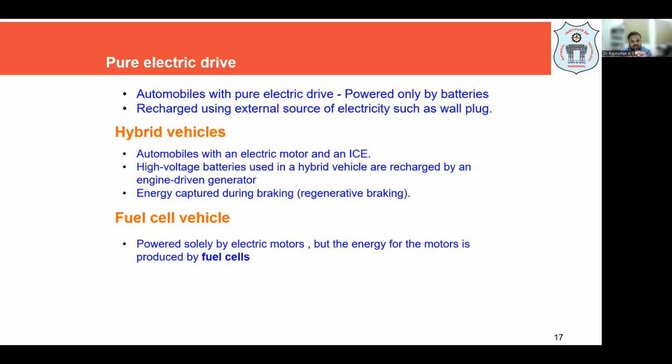So what are you doing? Are you reducing greenhouse emissions? Because your electricity source also determines whether your vehicle is a 100% green vehicle or not. The moment I take electricity generated using a diesel generator, which has 35 or 40% efficiency, it also emits so much CO2, NOx, and SOx into the atmosphere.